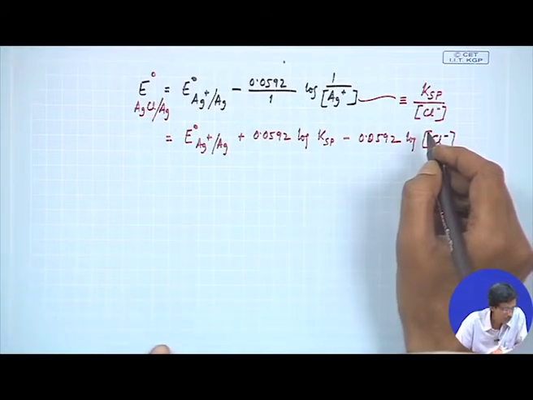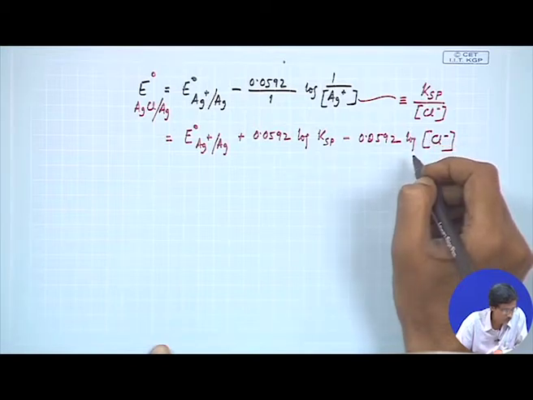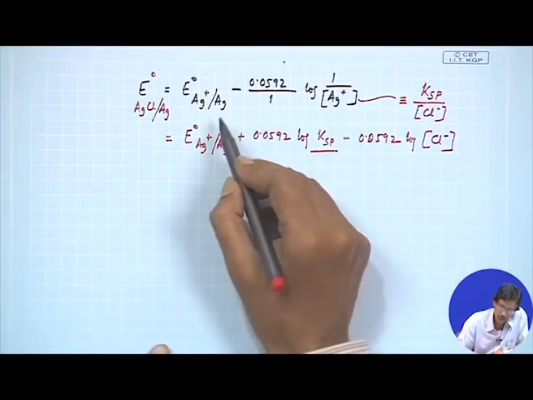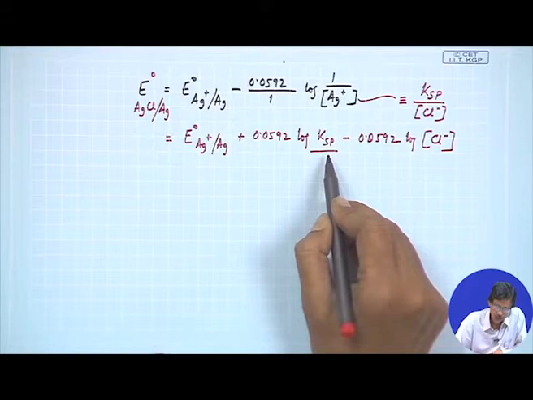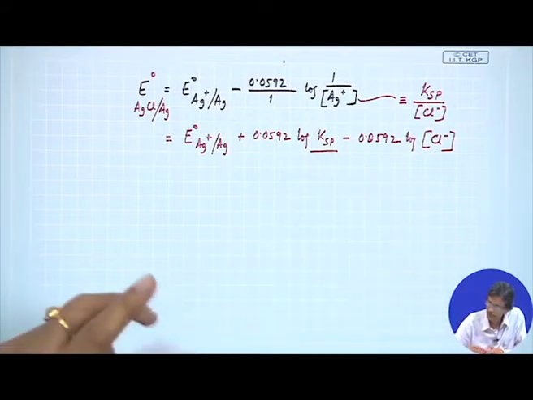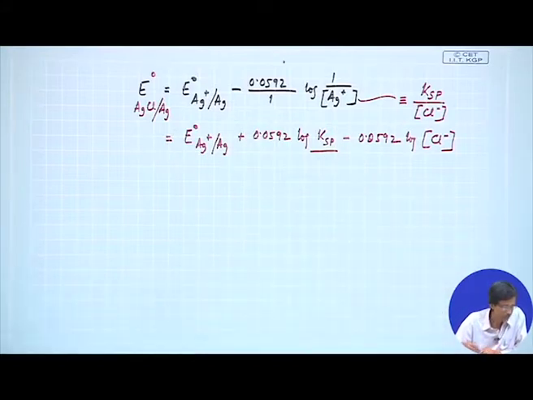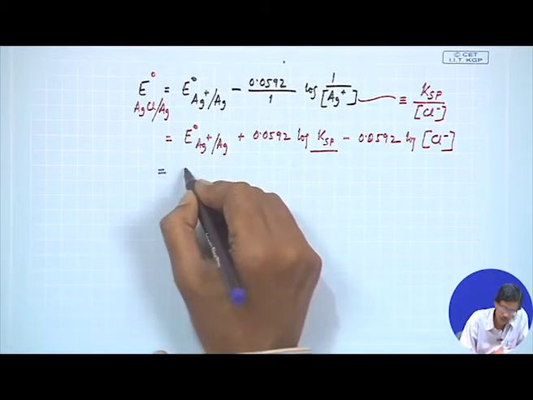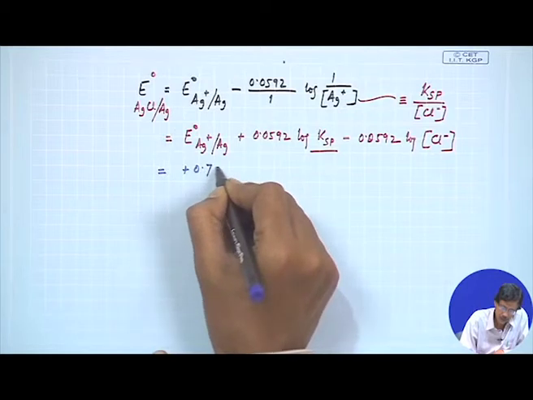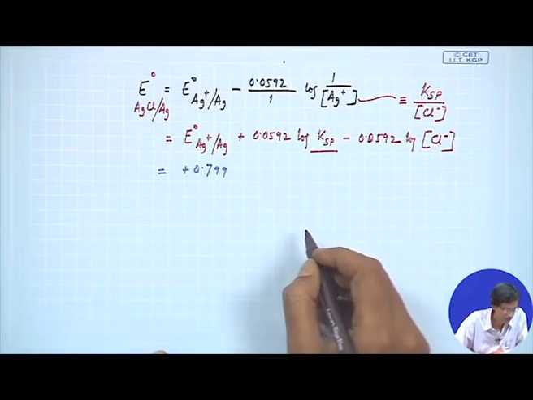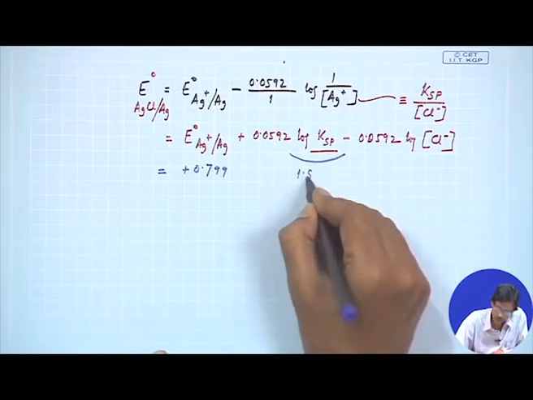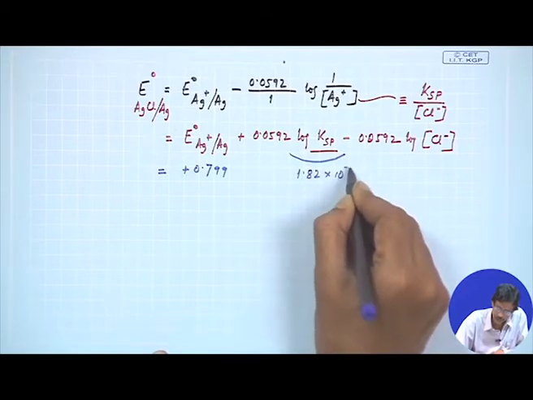So, what we get now is that this Ksp value is known for your silver chloride formation. So, the magnitude of this Ksp value, if we put that particular value, and the value for this also is known to us, which is plus 0.799 volt, and we put the Ksp value as 1.82 into 10 to the power minus 10.